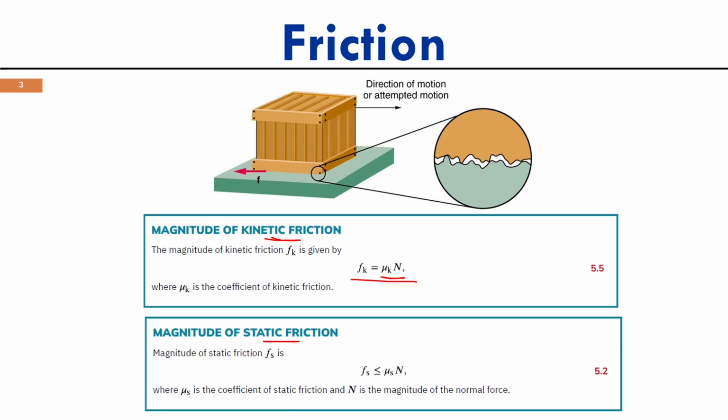The maximum value for static friction equals mu s, the static friction coefficient, times the normal force. So remember, static friction is a range. It's smaller than or equal to mu s times the normal force. Alright, that's enough for the concept, and let's work on some practice problems.